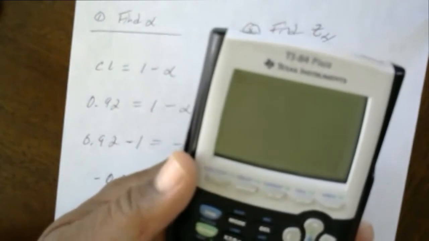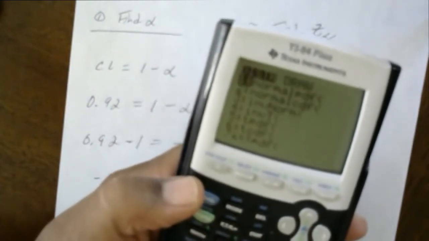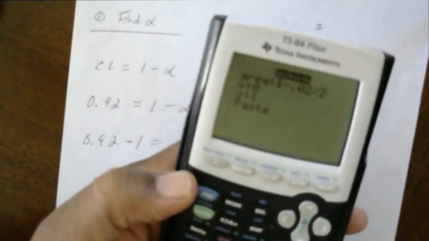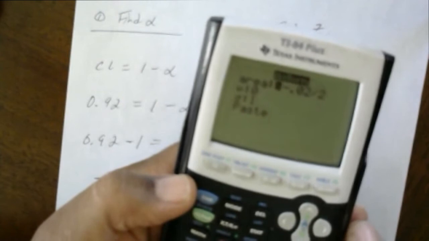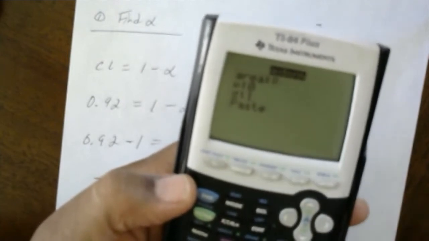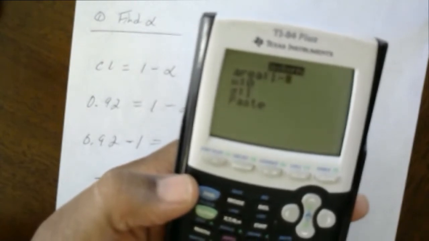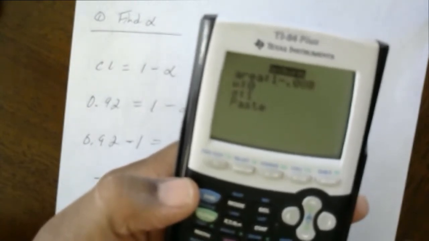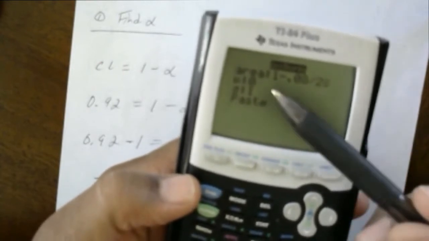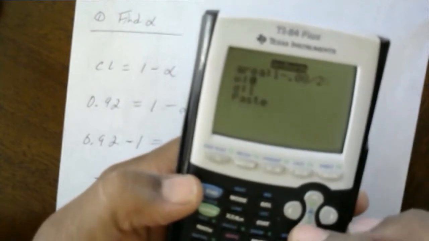All right, so here's my calculator. I'm going to go into distribution, so that's second, variables. I want to use my third option, which is inverse normal. I'm going to clear that out. And for my area, I'm simply going to put in 1 minus 0.08 divided by 2. And since I'm working with a standard normal distribution, my mean is 0, my standard deviation is 1.